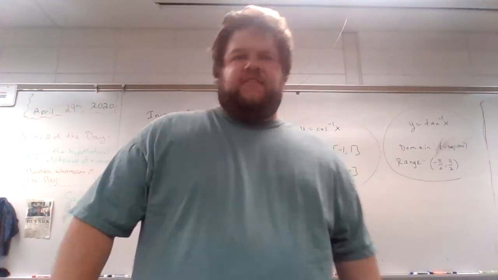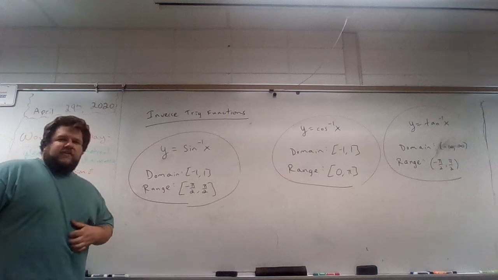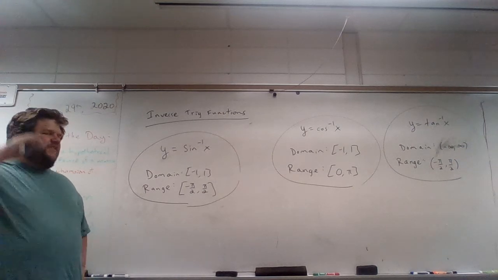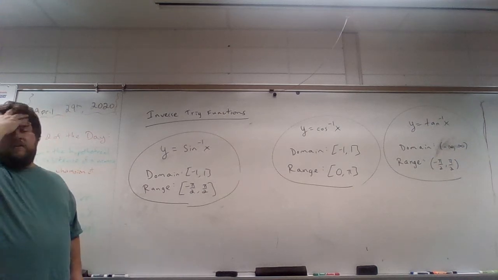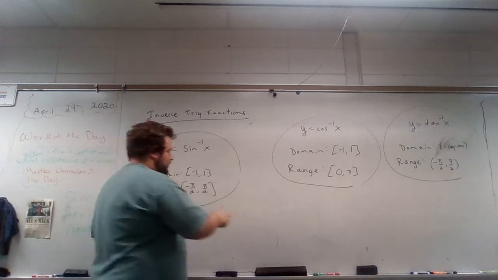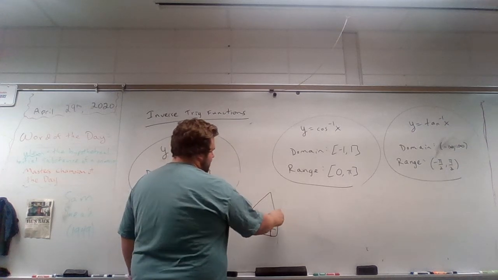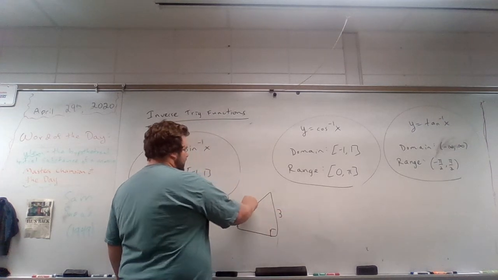All right, hello everybody. So, thought we would start with inverse trig functions, and these are functions that you actually have used before, maybe in geometry. Say I had a right triangle like this. Actually, we've used them here in this course as well.